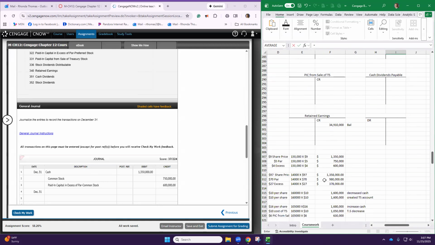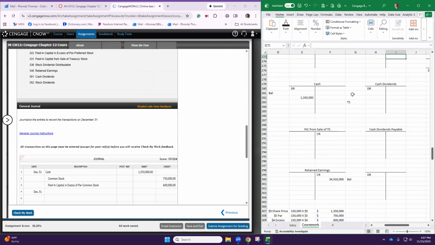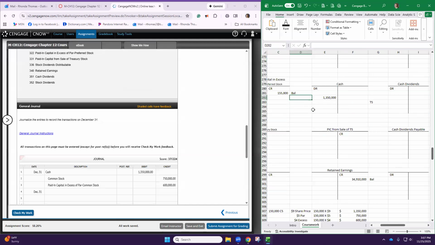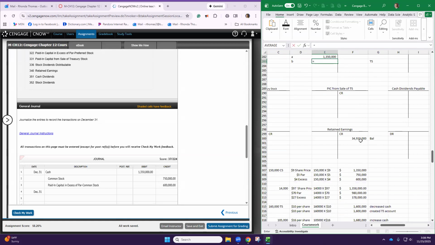Cash is going to come in, and we need all of the money that we're selling the preferred shares for right there.